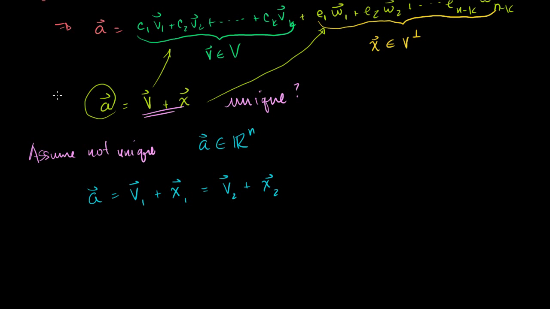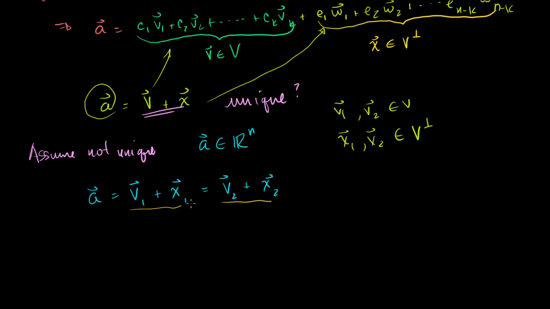The x's, so x1, x2, are members of V perp, and then v1 and v2 are members of V. So if we assume it's not unique, there's two ways that I could do this. Now, clearly, this side of the equation is equal to that. These are both representations of A.